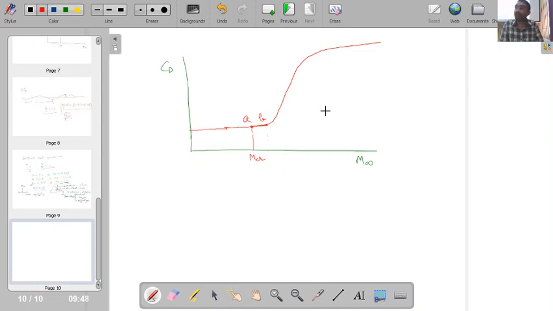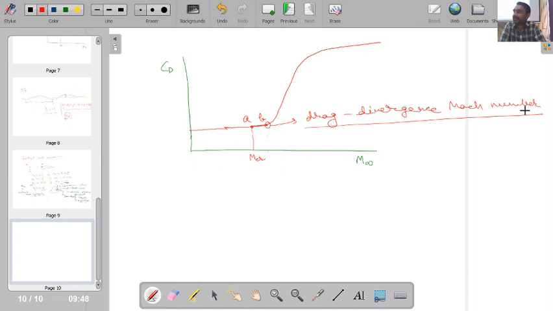Now you can see the drag force has increased by a significant amount, a sudden increase in the drag force. So basically the Mach number corresponding to point B is called the drag divergence Mach number.